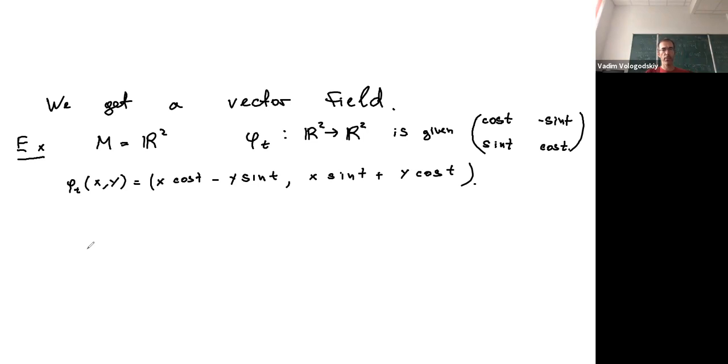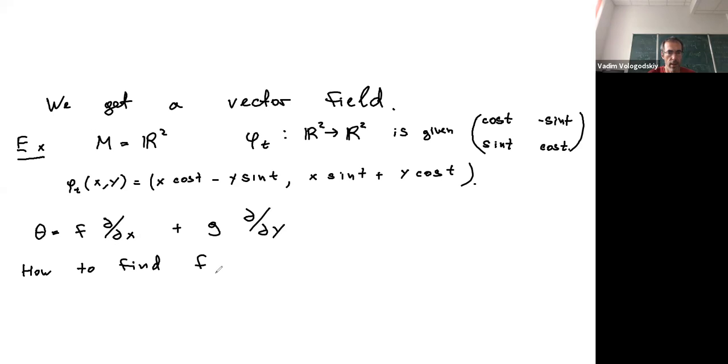So let's compute the corresponding vector field. What does it mean? Any vector field on R2 can be expressed as a function times d over dx plus another function times d over dy. So how do we find f and g?